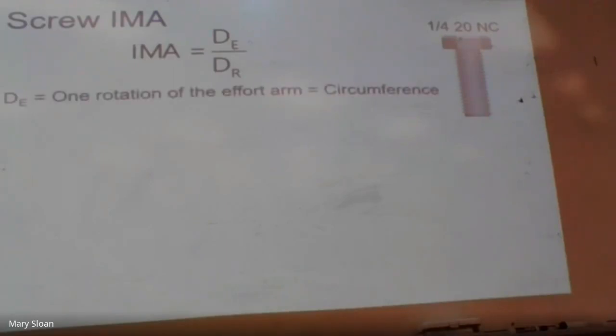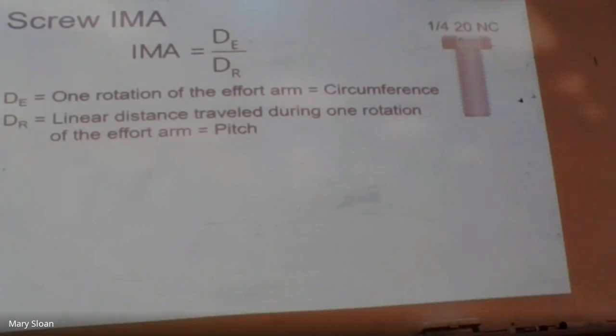DE is one rotation of the effort arm, or the circumference. And DR is the distance traveled during one rotation of the effort arm, or pitch.